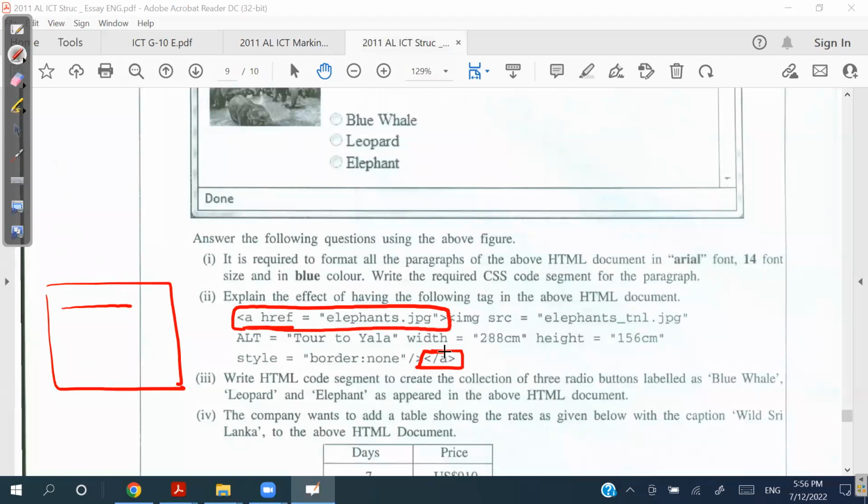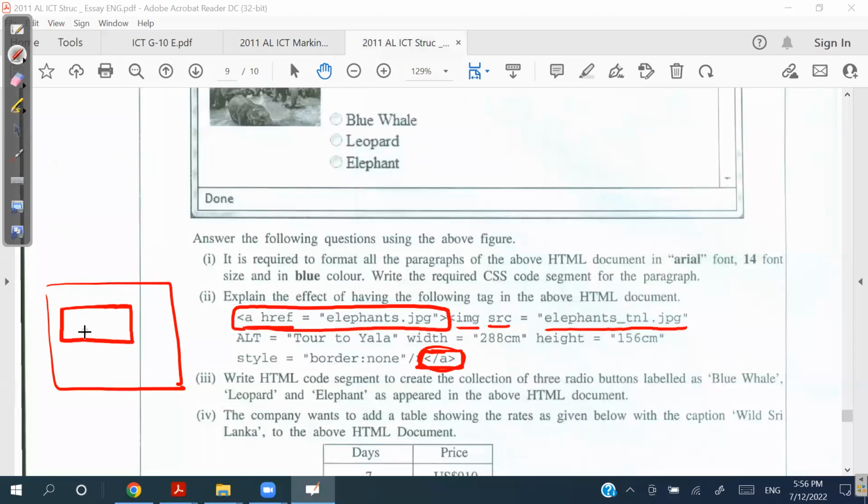Right, so in between those two things, they are talking about an img which is going to show you elephants_tnl.jpg. So here it's not going to be wordings.